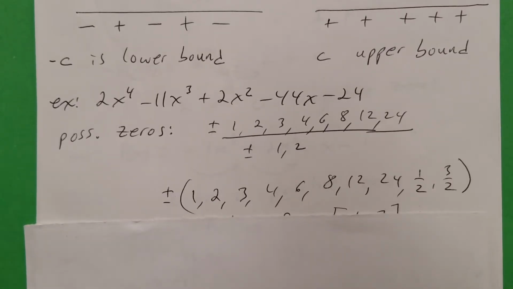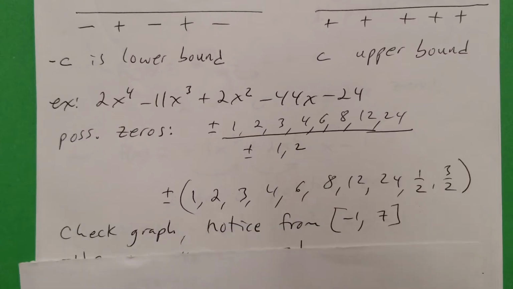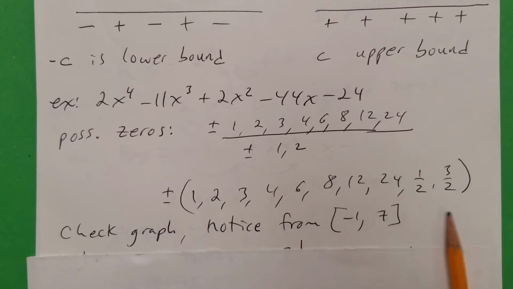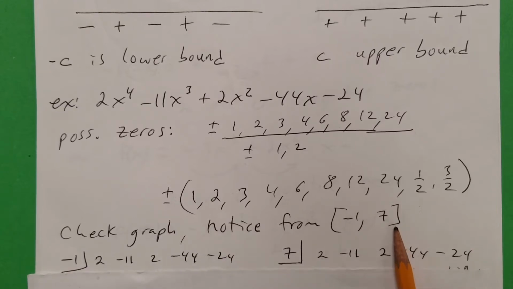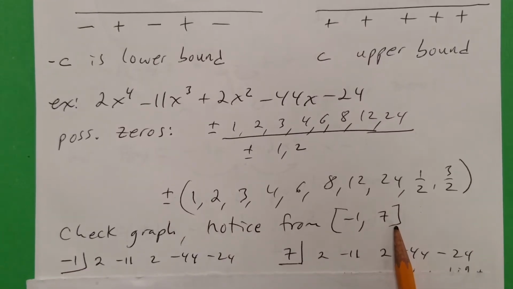So how do we narrow this down? Well, we graph it, right? We check the graph, and then we notice in the graph that the graph fits between -1 and 7, right? But how do we know that there isn't more, right, on this end and on this end? How do we know? Well, we can plug in -1 and 7 and see what happens, right?